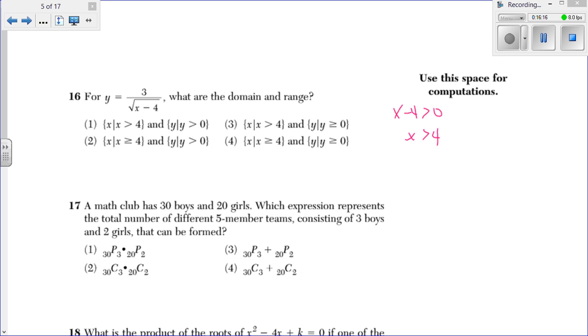If I look at it in the graph, let's see, figure that out. Three divided by parentheses square root of x minus 4 all under the radical. And I go to my table.